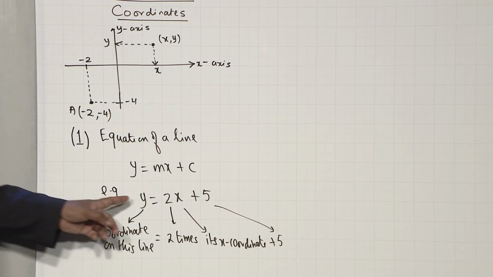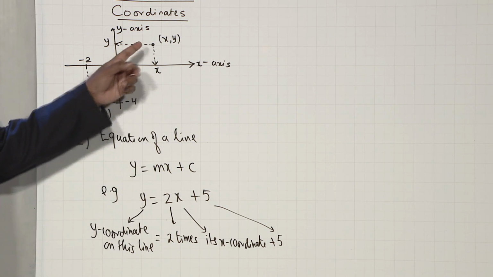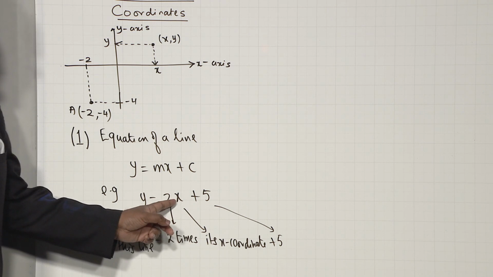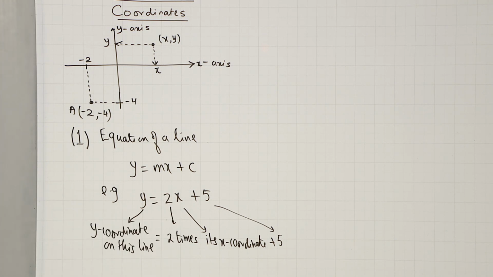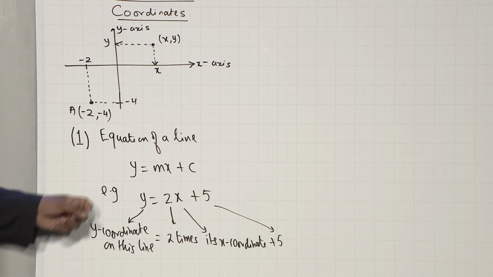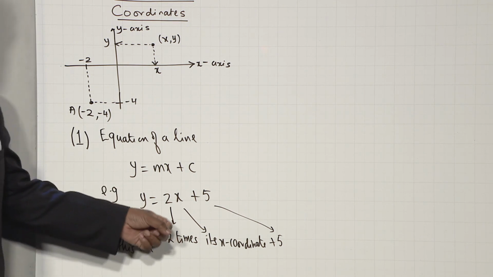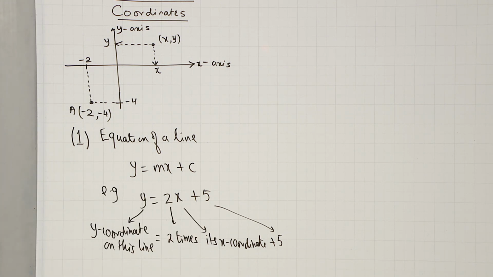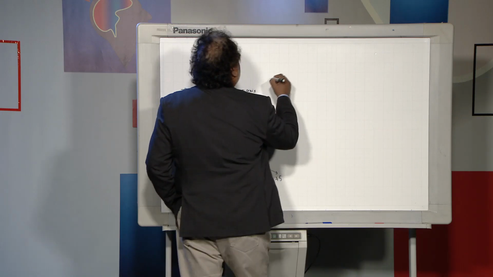So the y is the y-coordinate of the point on the line. The x is the x-coordinate. In fact, we ought to have written the equation of a line as y-coordinate is equal to 2 times x-coordinate plus 5.